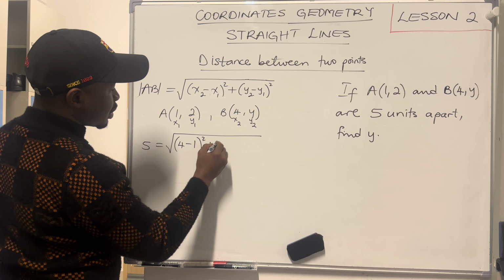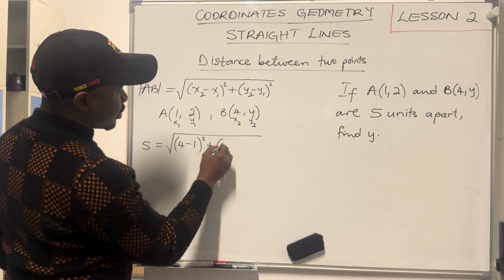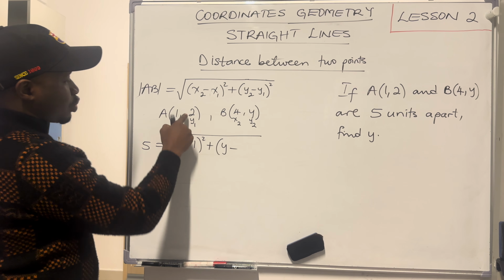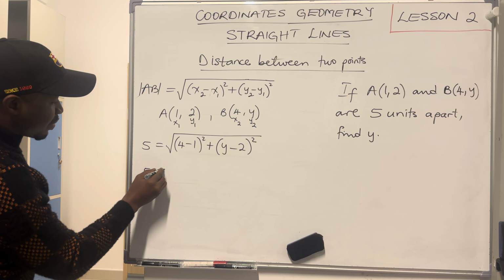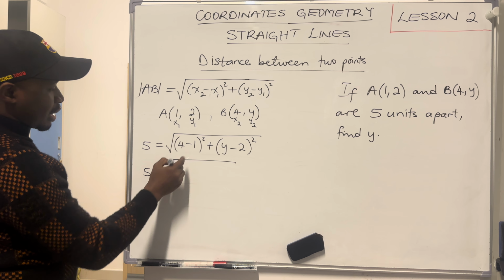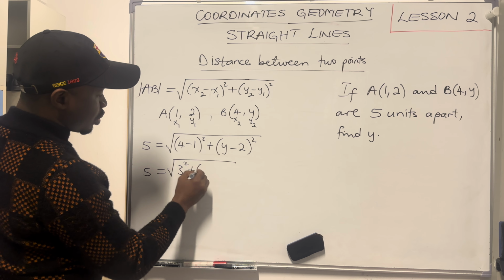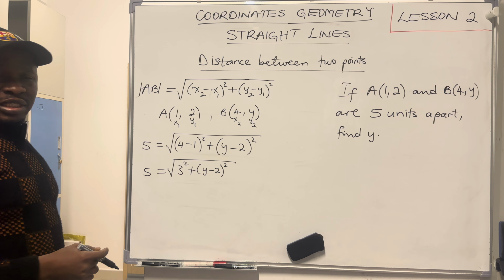Here is a plus. y2. y2 is y, minus, how about y1? y1 is 2, squared. So we say 5 equals the root of 4 minus 1, which is 3, so 3 squared, plus y minus 2, squared. I hope it is clear.